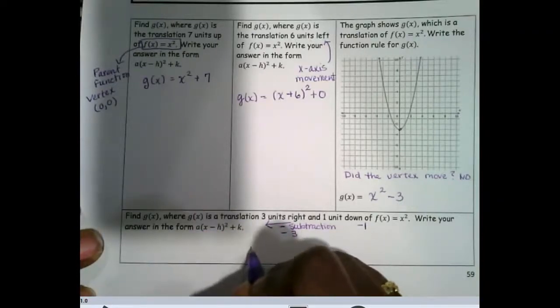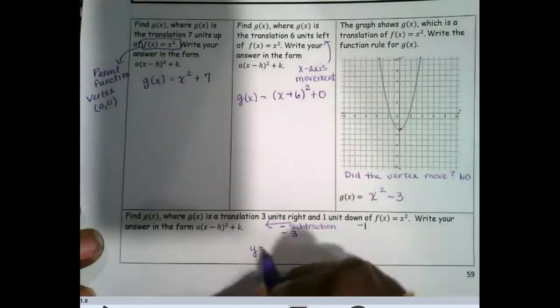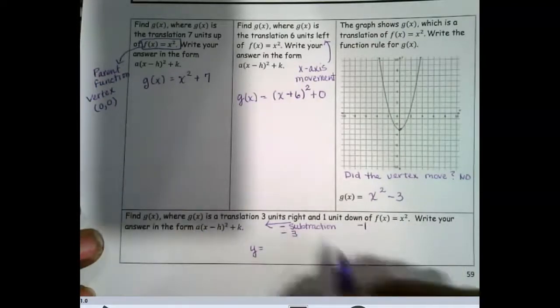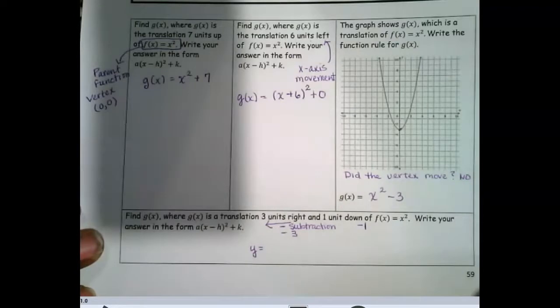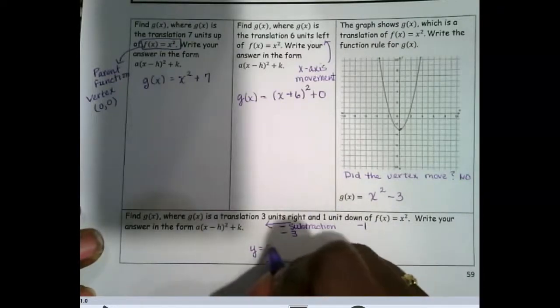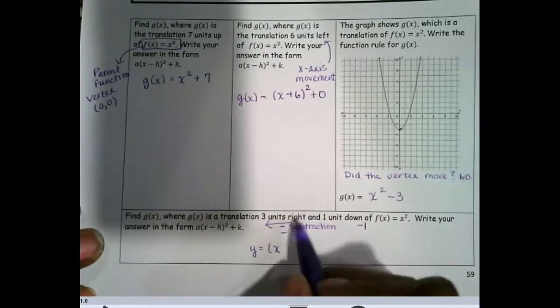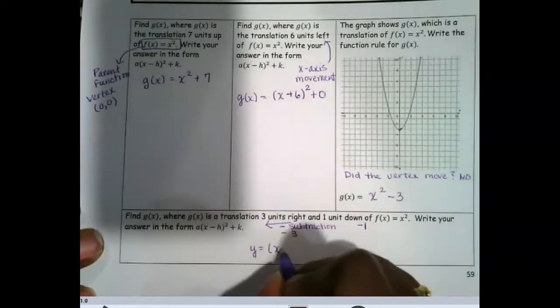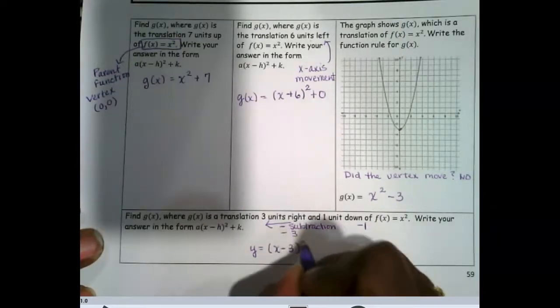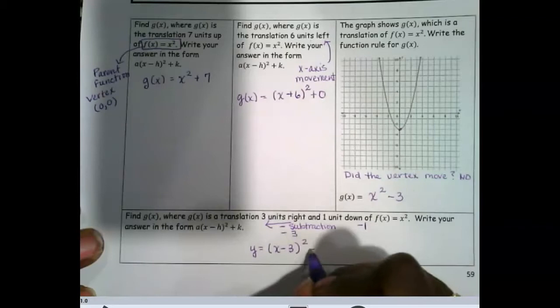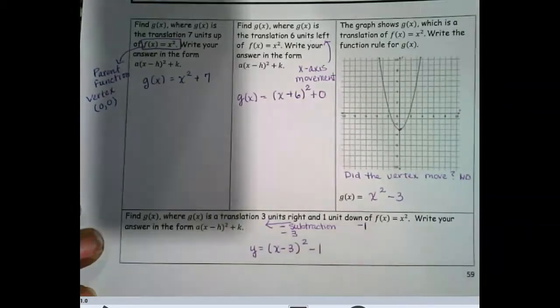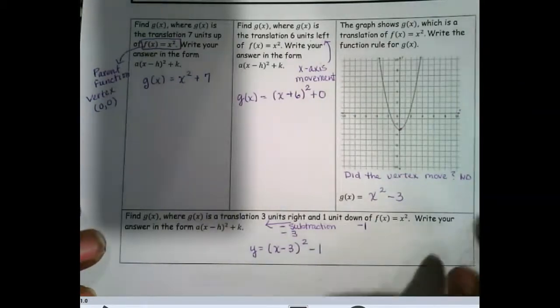So y is equal to, and I'm not writing the a right now because it didn't tell us there was a stretch. So we can pretty much write it as x. It says right, so we know we've actually put x minus 3 squared minus 1. And we're done.